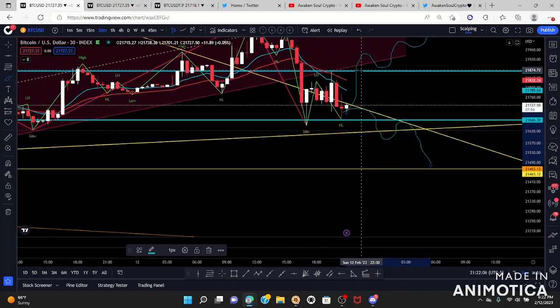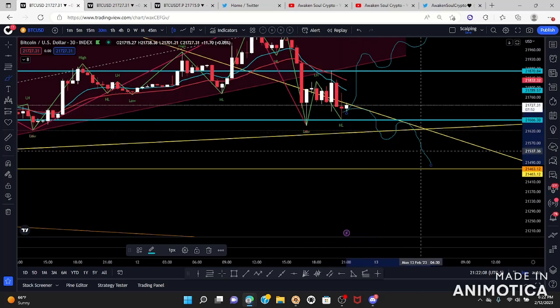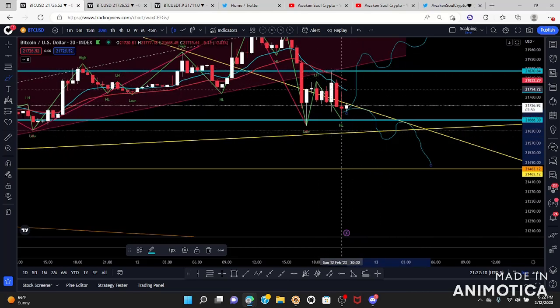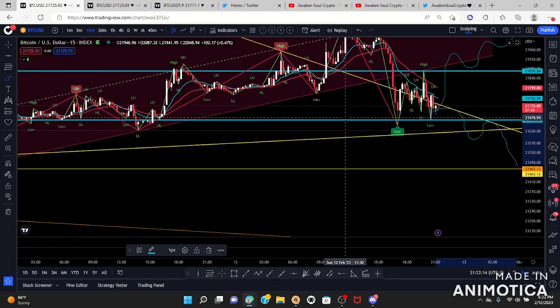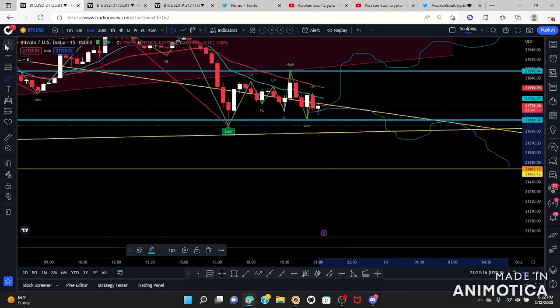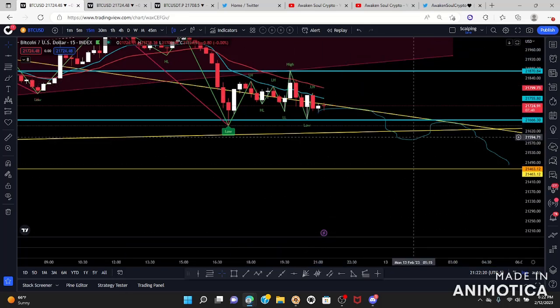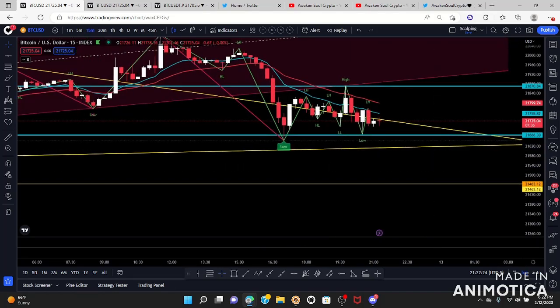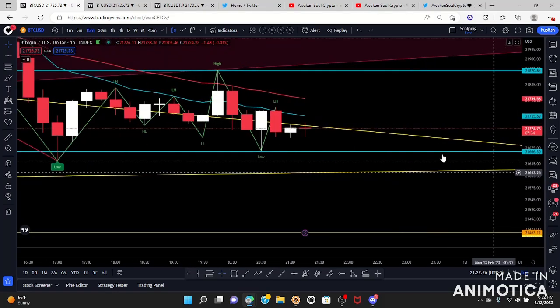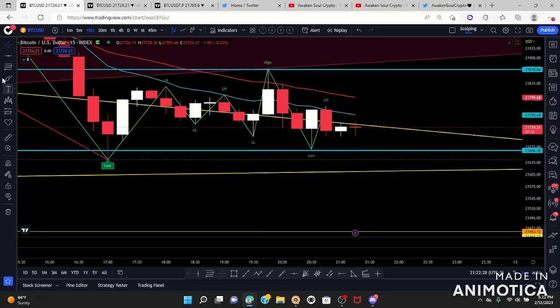So keep an eye on it. Remember to set your stop losses. So if you enter a short, your stop loss should be at previous lower highs. And you can even come to the 15 minutes here. Let me show you. So this is your trend, right?